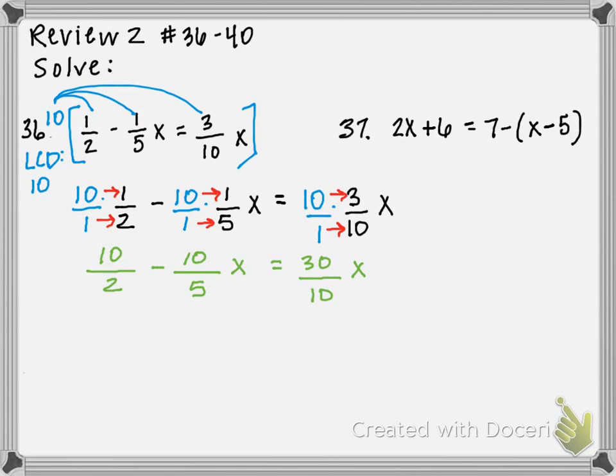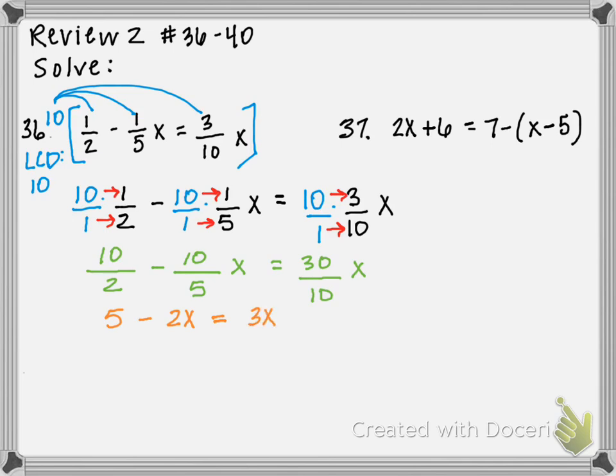Now we should be able to simplify all of these fractions. So 10 divided by 2 is 5, minus 10 divided by 5 would be a 2x, 30 tenths x, so 30 divided by 10 would be 3x.